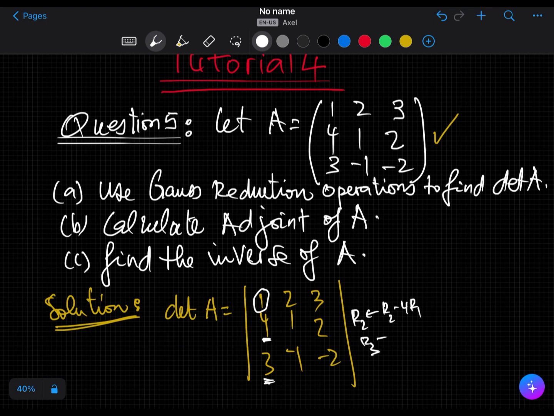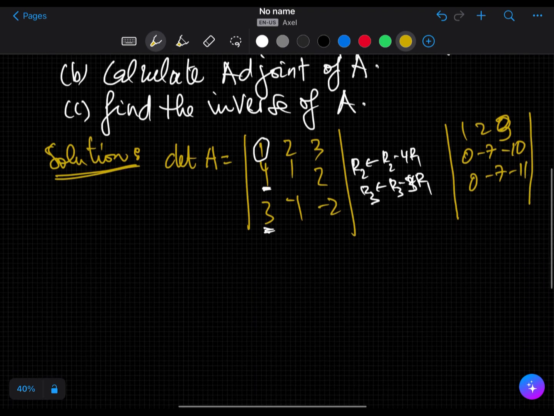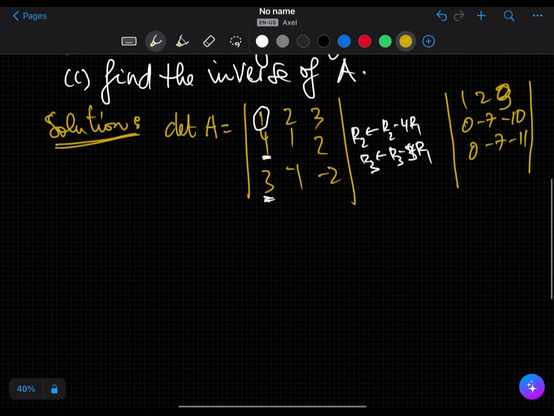And then R3 will be equal to R3 minus 3 R1. And this will lead to the following determinant: 1, 2, 3, 0, minus 7, minus 10, 0, minus 7, minus 11, right? So once I have that, what do I notice here?